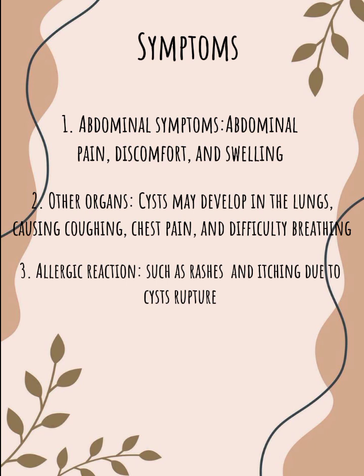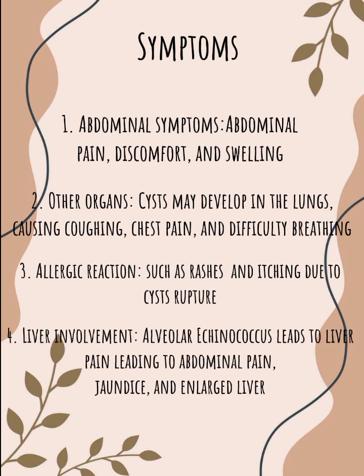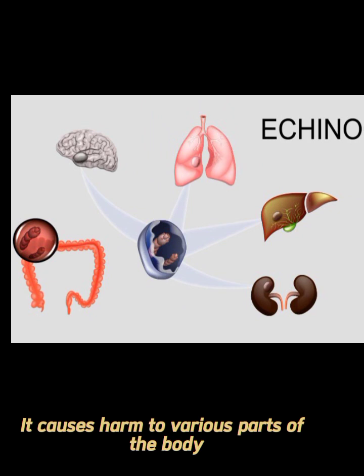Allergic reaction causes rashes and itching when a cyst ruptures. Alveolar echinococcosis, liver involvement. Alveolar echinococcosis primarily affects the liver, leading to symptoms such as abdominal pain, jaundice, and enlarged liver.